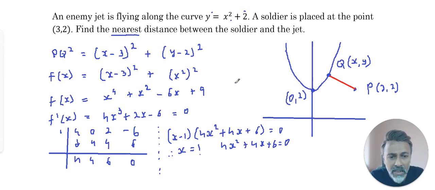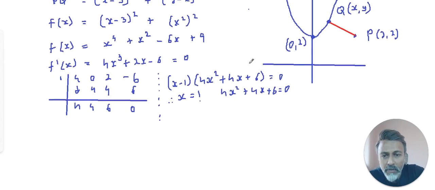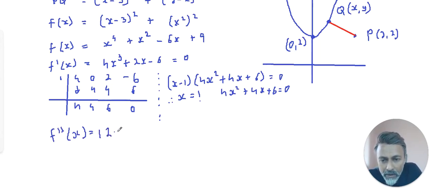Now we go for the second derivative. Let's take the second derivative, f double dash x. F double dash x is equal to 4x cube's derivative, which is 12x square, plus 2, taking its derivative, and substitute x as 1.